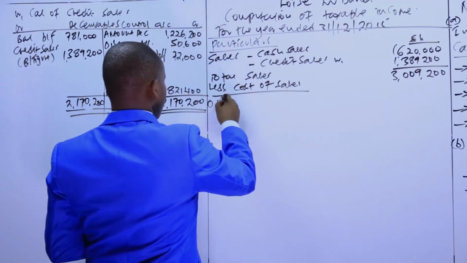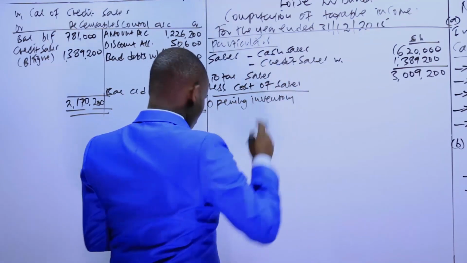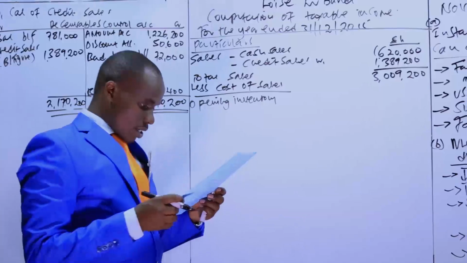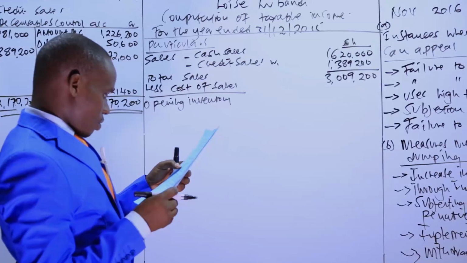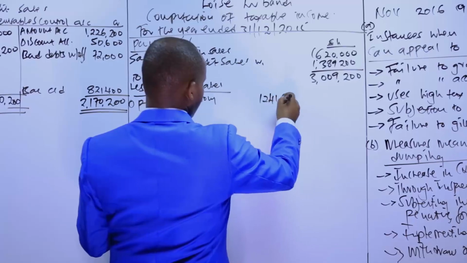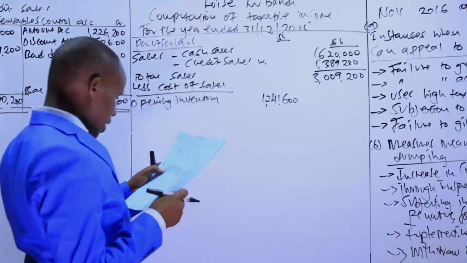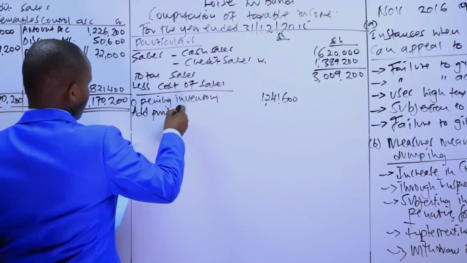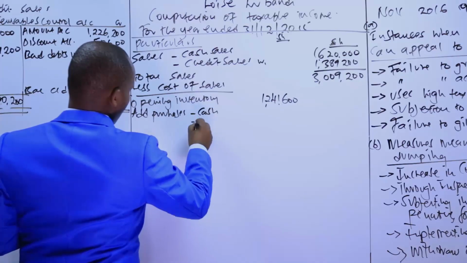For the cost of sales, we start with opening inventory. The opening inventory in our question is under the balances: opening inventory 1,241,600. Then you add purchases, both cash and credit.